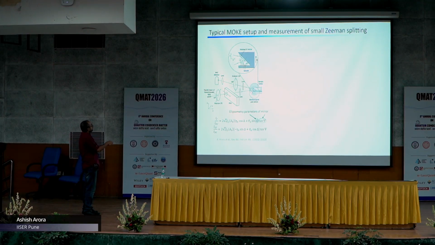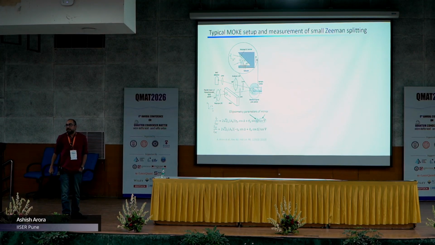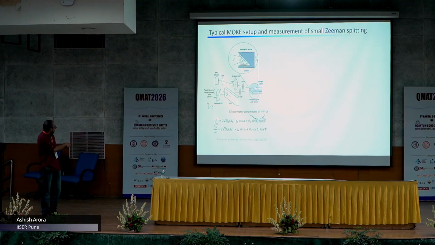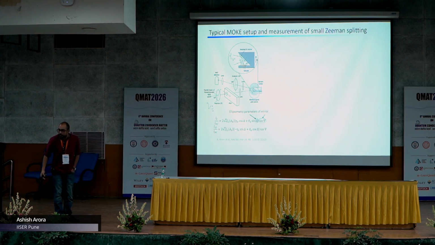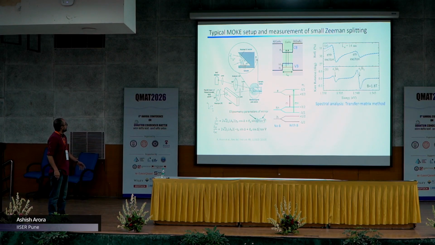We can measure both Kerr rotation and Kerr ellipticity using such a setup by using lock-in amplifiers, where you measure signal at the frequency of modulation and twice the frequency of modulation, and the DC signal. And using these three signals, we can find Kerr rotation and Kerr ellipticity. There are these two things, delta and tensor, called ellipsometry parameters of the mirror, which we have to measure separately, which we do separately, and we find Kerr rotation and Kerr ellipticity.